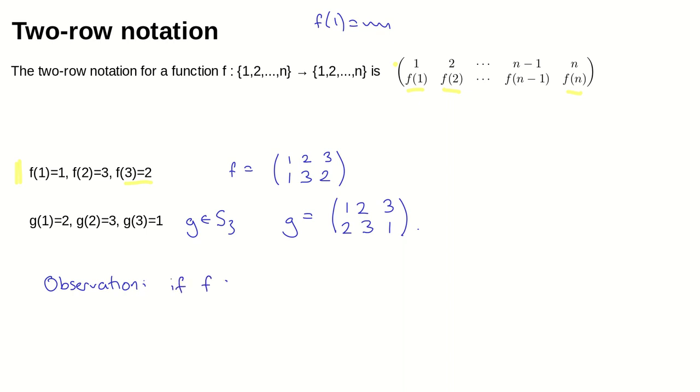If f is in Sn, the bottom row of the two-row notation for f is just the numbers 1, 2, 3 up to n written in some order.